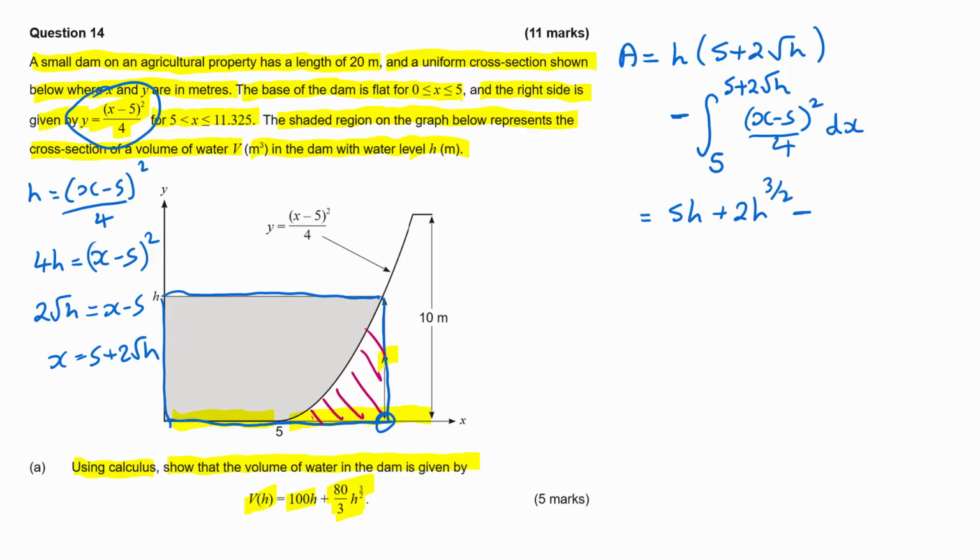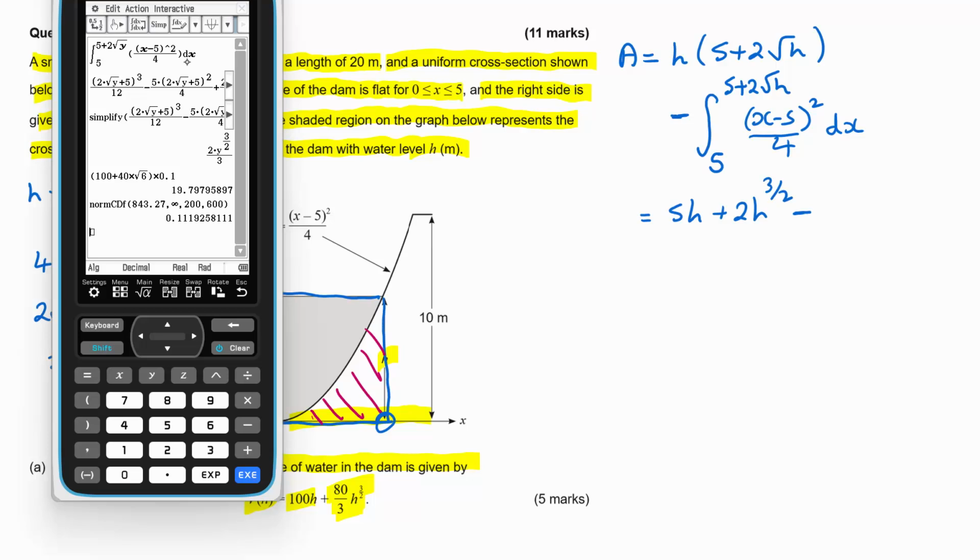Take away, now I've already done this on the calculator. So you can see at the very top of the screen up here, we've done that integral and it gave us this big long expression here. But fortunately with a simplify, that big long expression simplified to 2h to the 3 over 2 divided by 3.